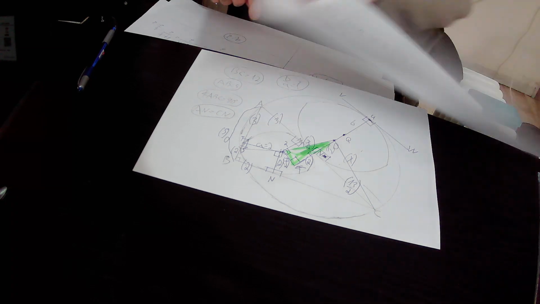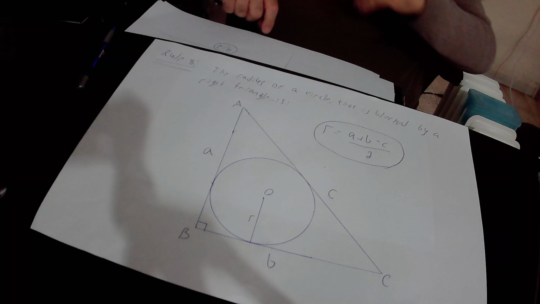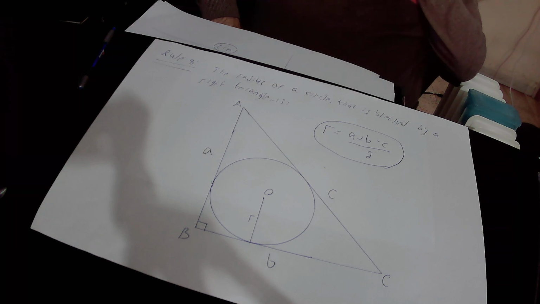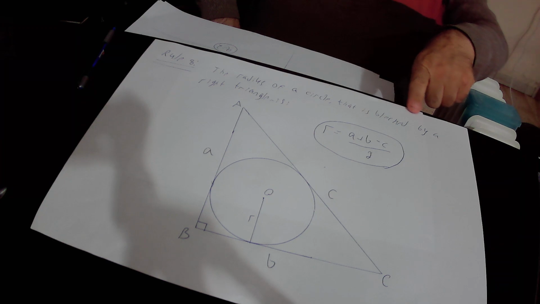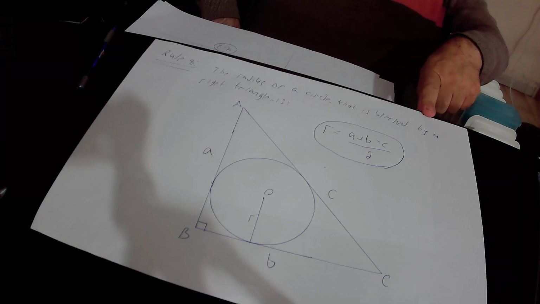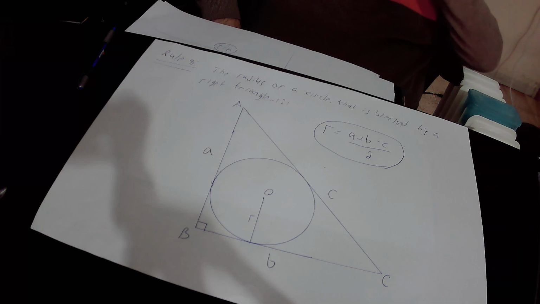Then according to rule number 8, the radius of a circle that is blocked by a right triangle is equal to R equals A plus B minus C over 2.